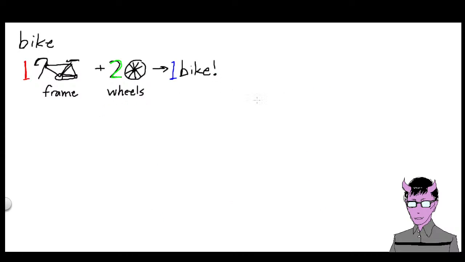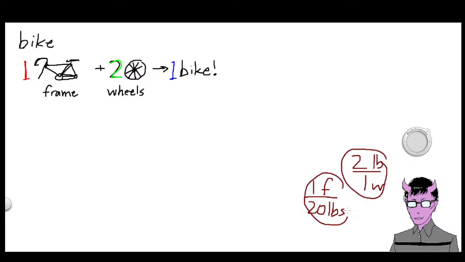No. Okay. So here are the magic numbers. For every 1 frame that you have, it's basically 20 pounds. That's really high. And for every 1 wheel, it's going to be 2 pounds. And then from our derivation, once we assemble the bikes, we put 2 and 2 together, so to speak. So for every 1 bike you have, that's going to be a whopping 24 pounds.